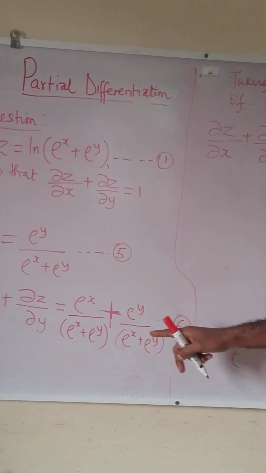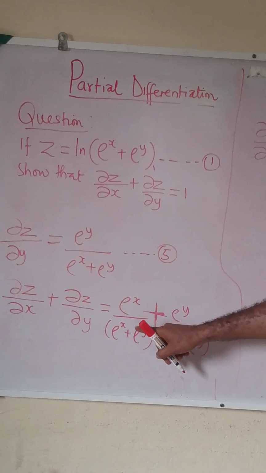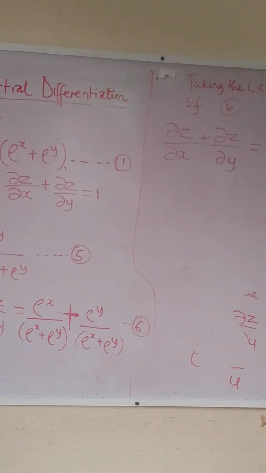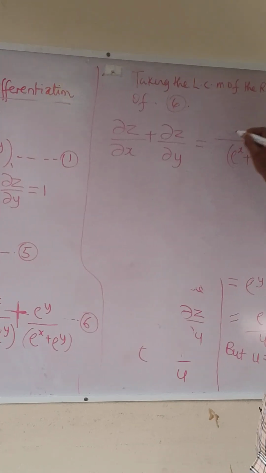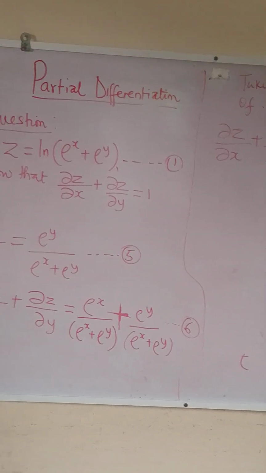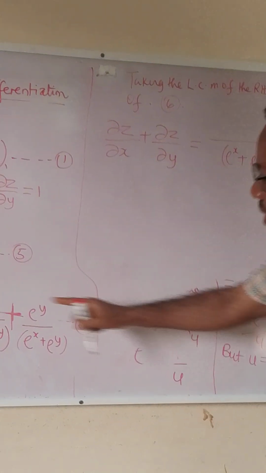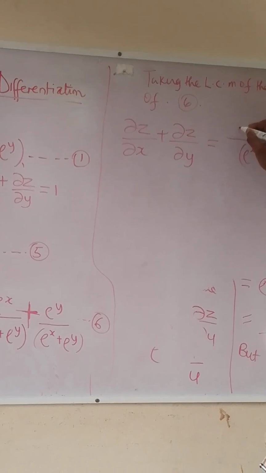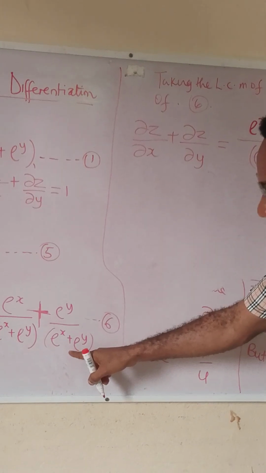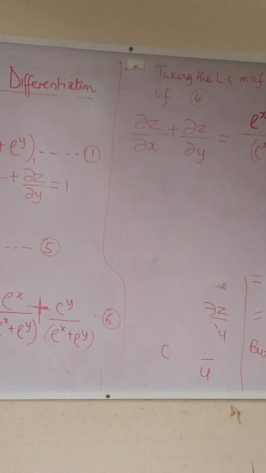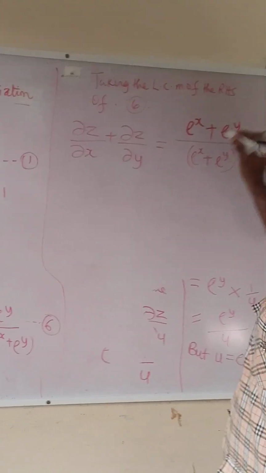So at this point we say this goes into this LCM 1 time, multiplied by e^x will give you e^x, plus this other side going into this is 1, multiplied by e^y will give you e^y.